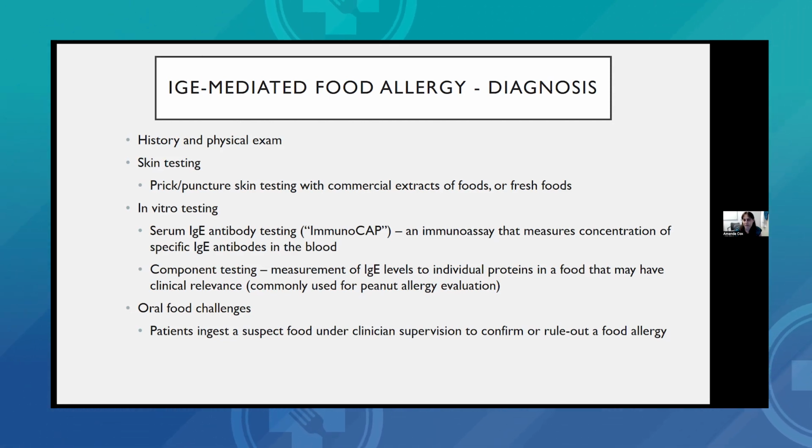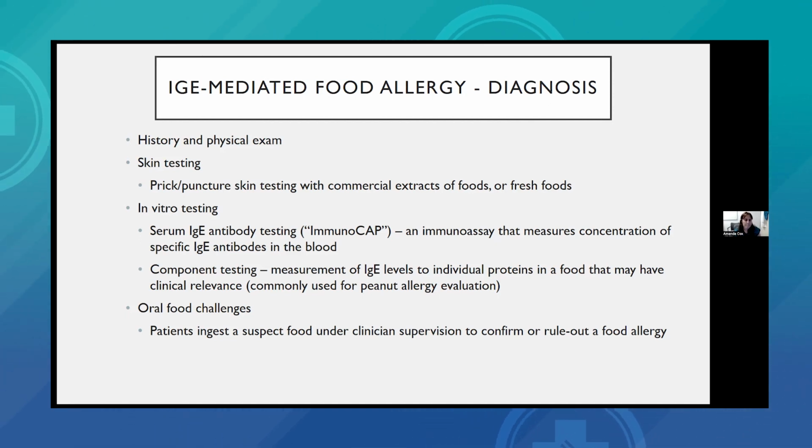Component testing is a variation of this IgE antibody testing, where we actually look at the IgE levels to very specific proteins in a food, and these may have specific clinical relevance. And we use component testing very widely for peanut allergy, and we do have some for other foods as well. So this is a little bit of a newer part of our armamentarium for very good diagnostics in food allergy.